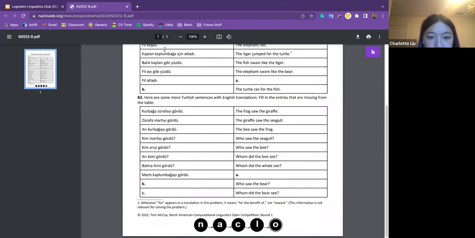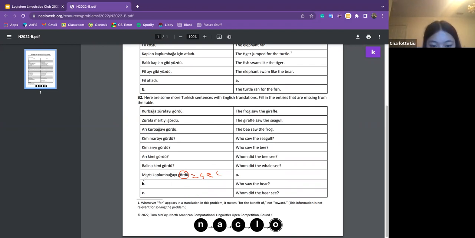So the second part. Okay, this verb equals C, and it shows up a lot, in all of these.